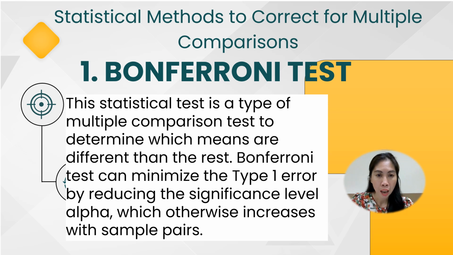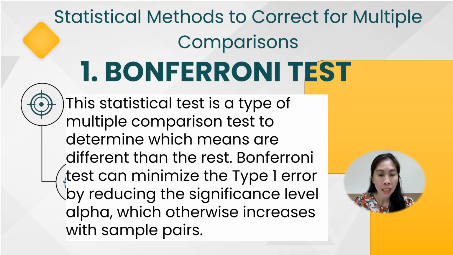And now I am going to discuss the statistical methods to correct for multiple comparisons. Number one, the Bonferroni test. What is this? This test is a type of multiple comparison test to determine which means are different from the rest.